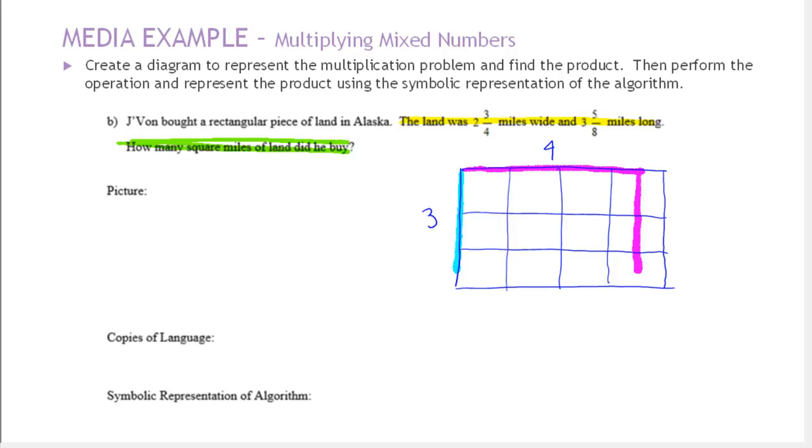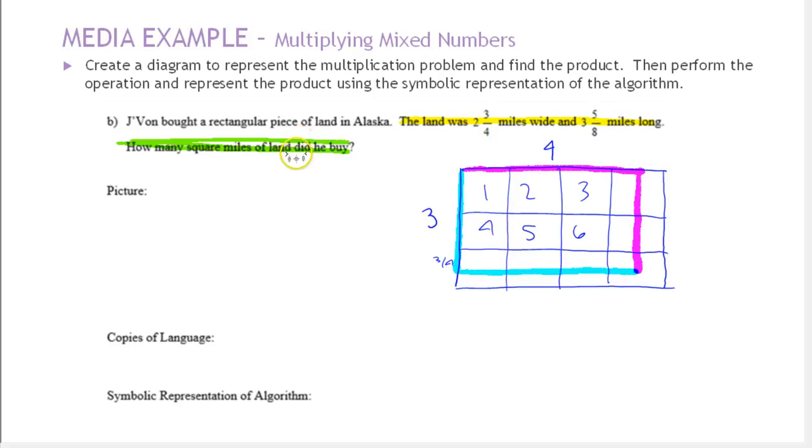Okay, so this is approximately the size of the piece of land he bought. Okay. Now we can see there are 1, 2, 3, 4, 5, 6 full square miles. Okay, and here are some partial ones. So this was 3/4.